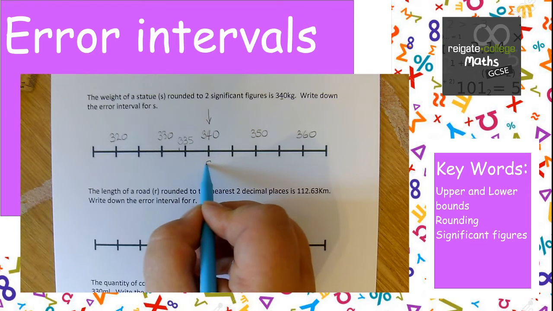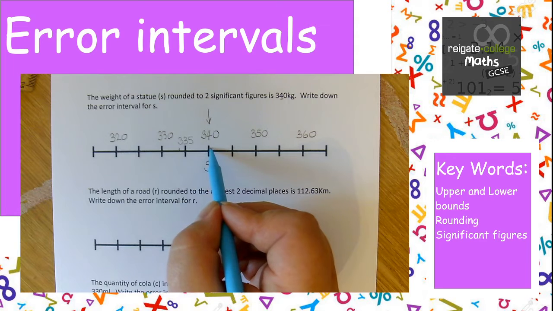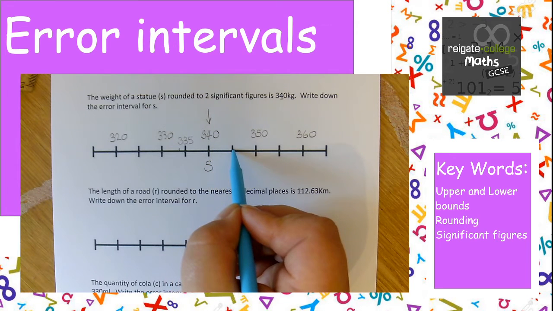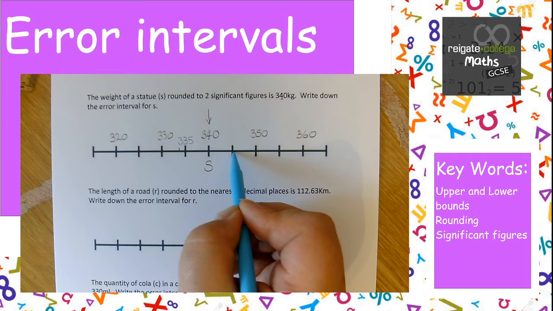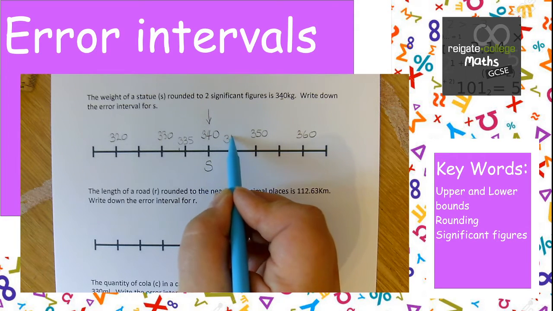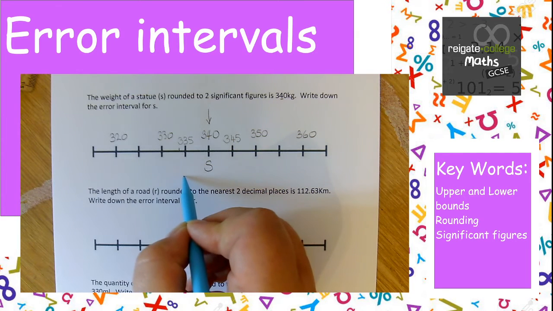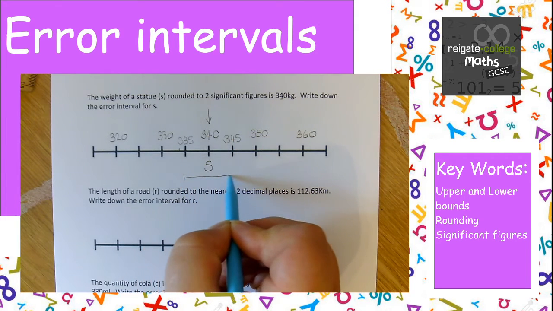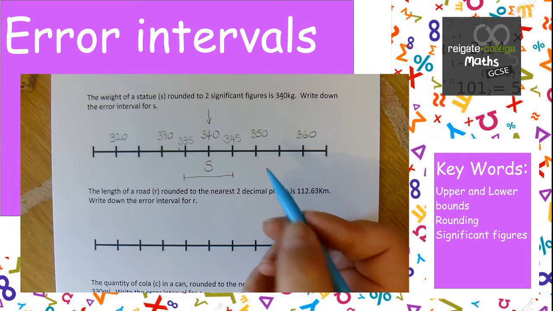This represents our lower bound. Going for our upper bound, the point at which it switches over to be rounded to the next 10 is right here, 345. So there we've identified the range of rounding. That is our error interval.